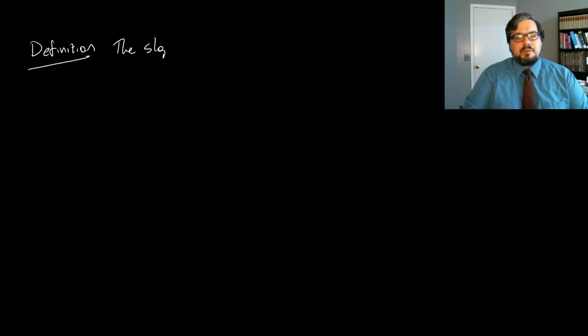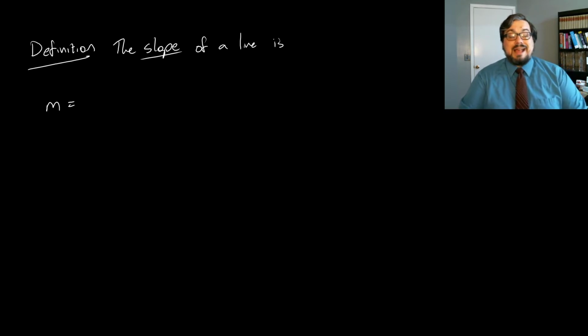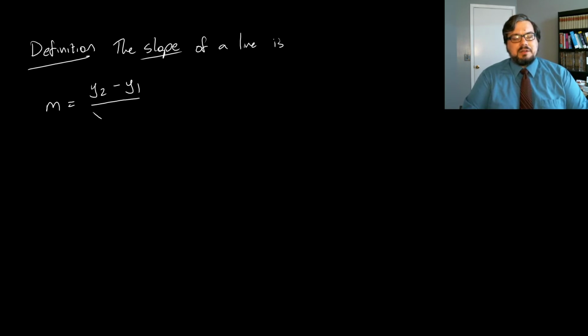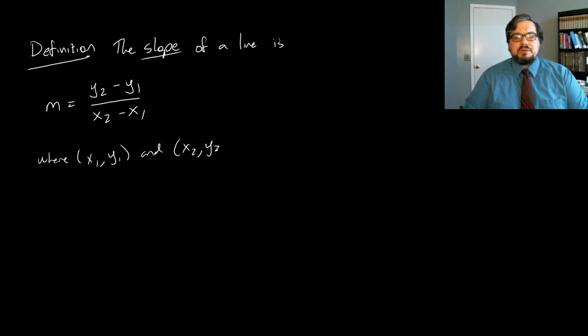The slope of a line is, well, we'll often denote it using the letter m, and it's equal to y2 minus y1 over x2 minus x1, where x1, y1, and x2, y2 are any 2 points on the line.